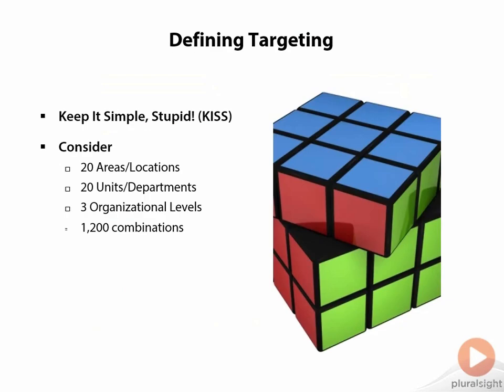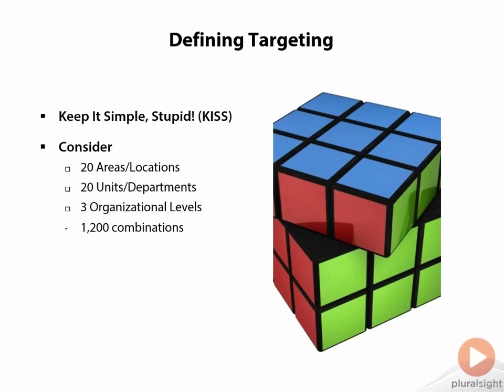Before we leave targeting, how do you define it? How do you know how many attributes to use and how many values? Well, the trick is to keep it simple, stupid. The idea is that we want to find a set of targeting that increases the signal-to-noise ratio, but isn't so difficult it's impossible to configure. Think about it for a minute.